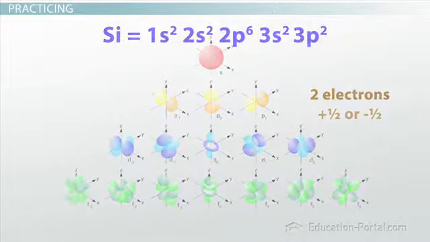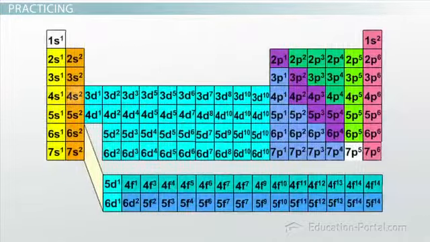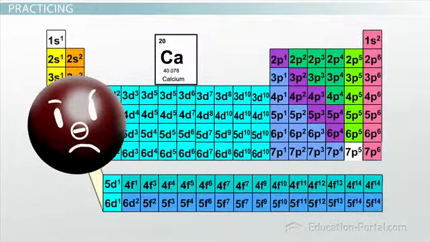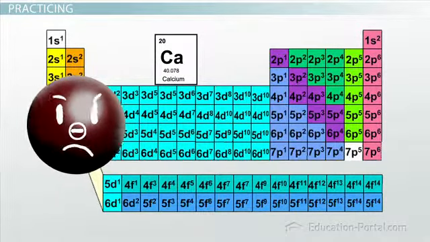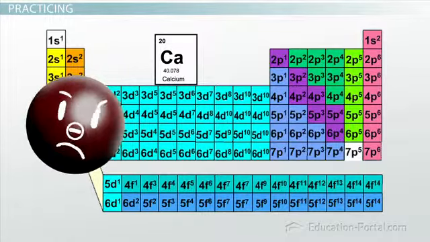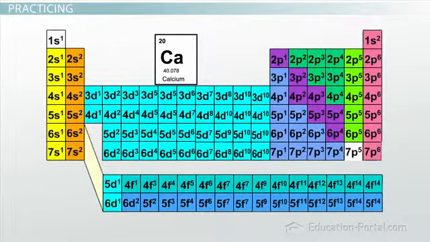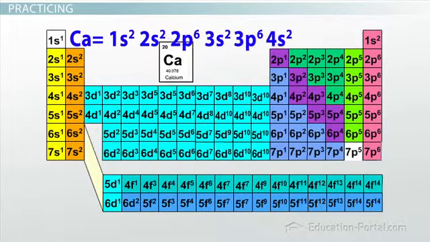Okay, now we're going to do a little practice. Write out the electron configuration for calcium. You should have 1s2, 2s2, 2p6, 3s2, 3p6, and 4s2 as an answer. We are going to focus on just one of the 2 4s electrons.